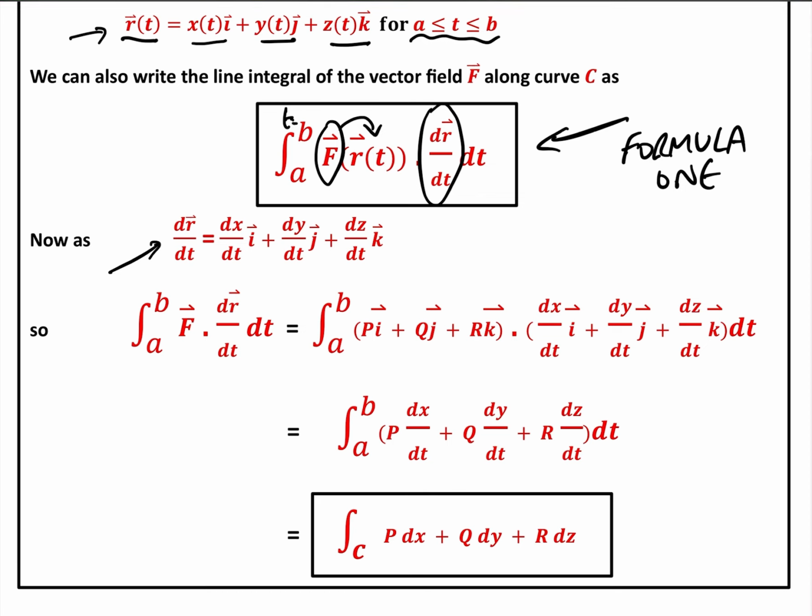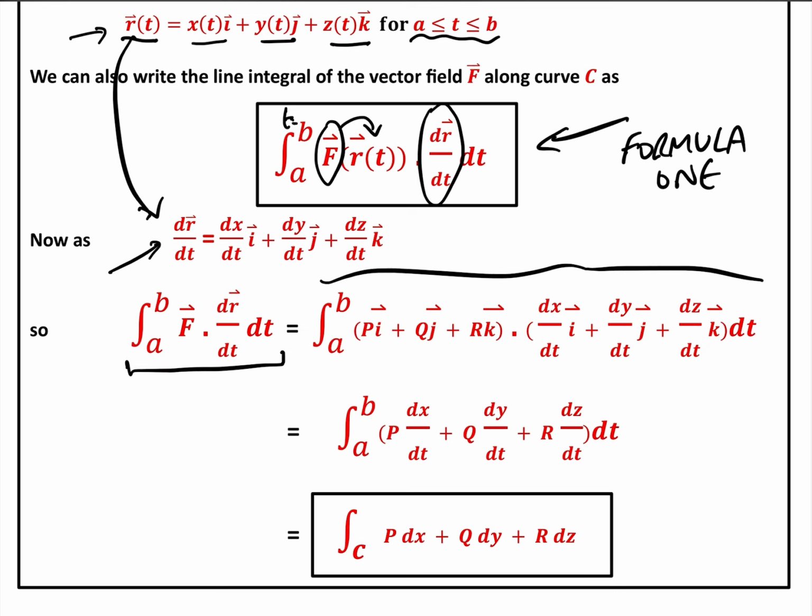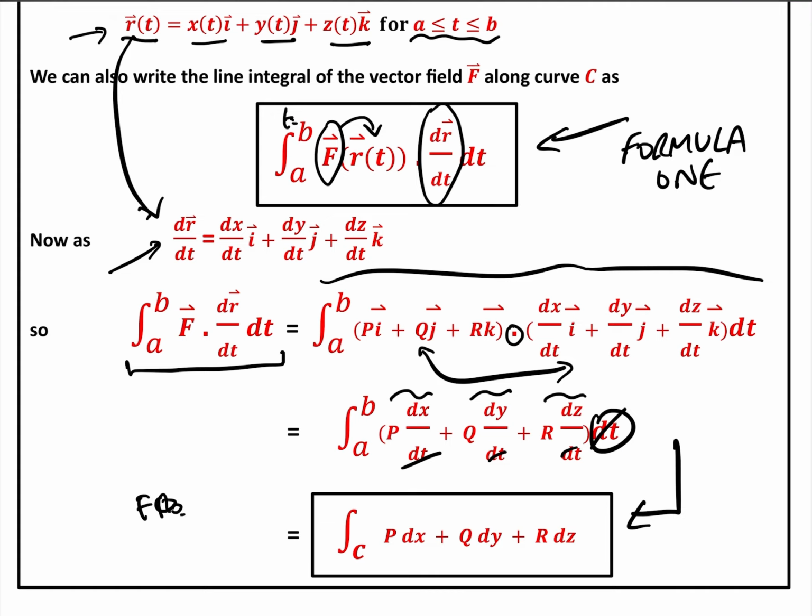So if we differentiated the vector r with respect to t, we'd get dx/dt i, add dy/dt j, add dz/dt k, and then this thing here converts to this, and this is a dot product, and when we dot these two, we get P dx/dt add Q dy/dt add R dz/dt, and the dt's sort of cancel out, leaving us with formula 2, the integral over the curve of P dx add Q dy add R dz.